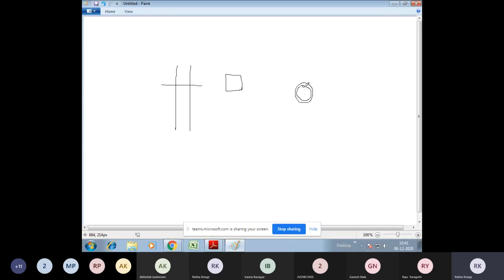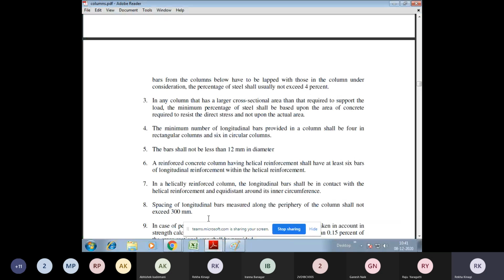And here the minimum number of bars we need to use is 6. Whatever dots I am showing are referred to as the longitudinal reinforcement.